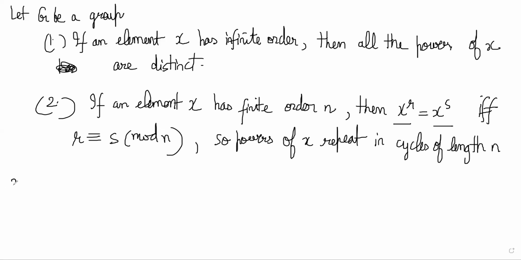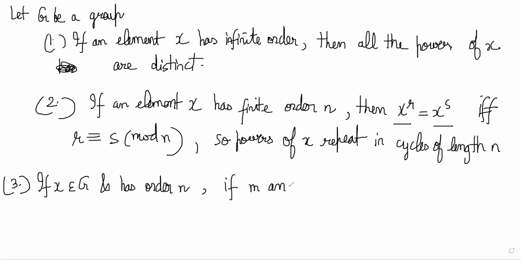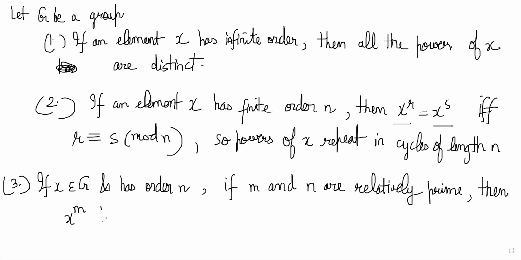Then we can write, if x belongs to G and has order n, if m and n are relatively prime, then x power m has order n.